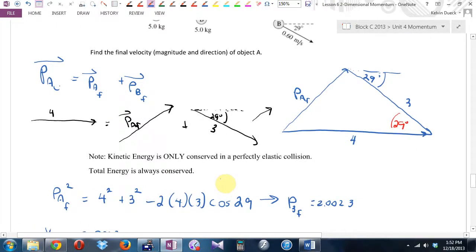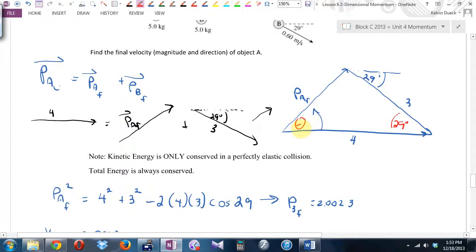Which angle would I use to find the direction? There's 2 angles inside the triangle, more specifically the bottom left one, between 4 and where it starts from.